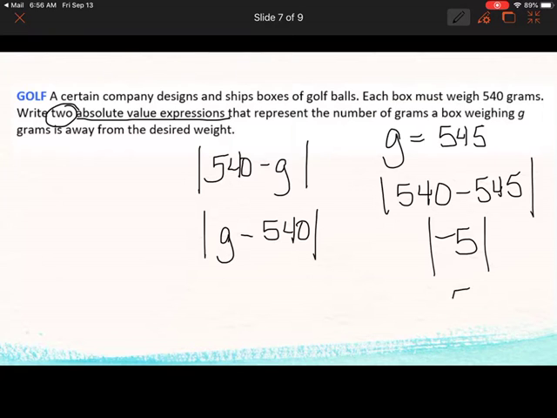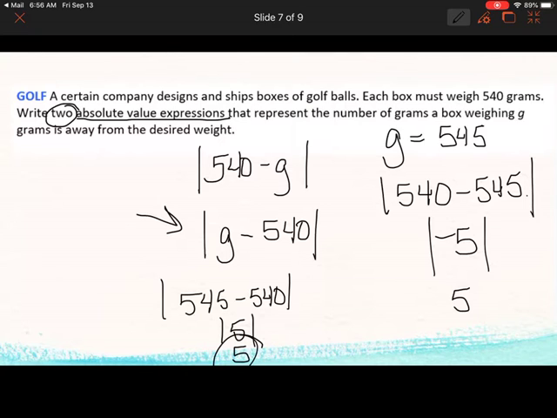Absolute value of -5 is 5. So that's the first one. Let's try this one. So 545 minus 540 is 5. Absolute value of 5 is 5. See how those both equal 5? So that is the distance away from your desired amount of grams. Kind of cool.